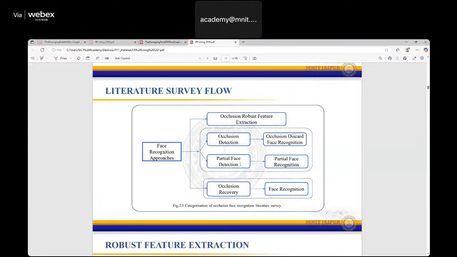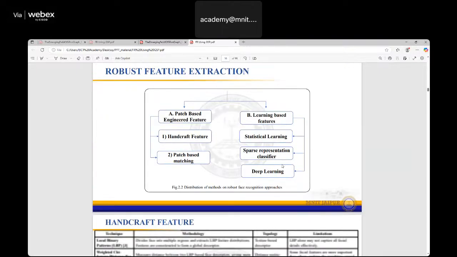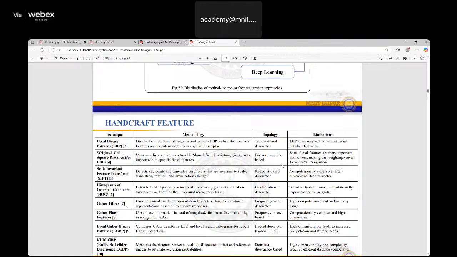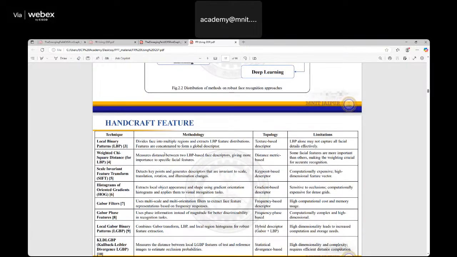Another is partial face detection and partial face recognition. Among handcrafted features, there is the local binary pattern, where you divide the space into multiple regions and extract the LBP feature distribution.